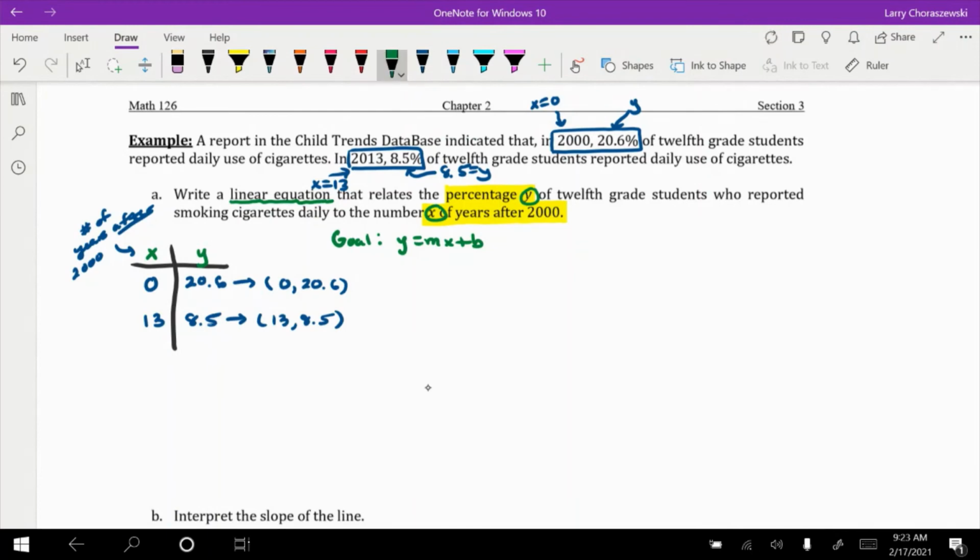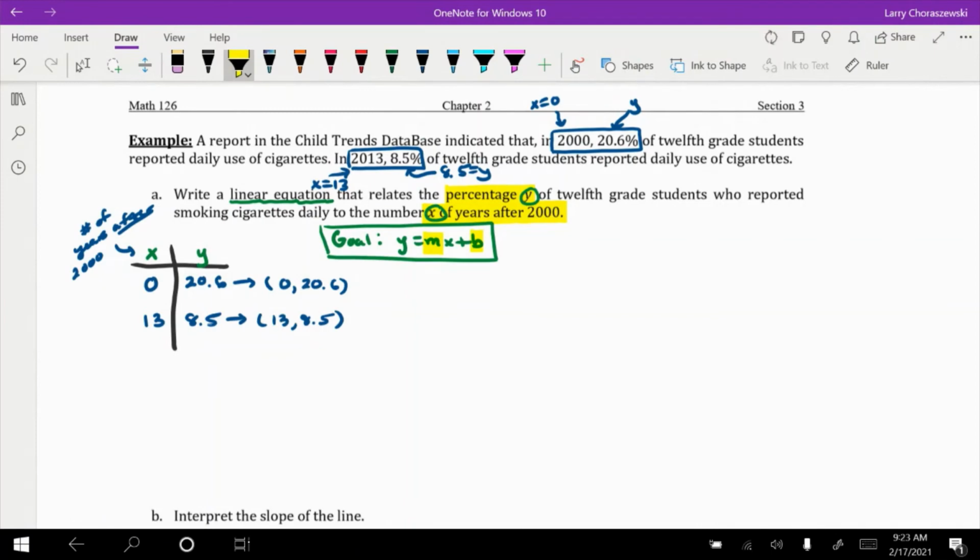Keep in mind our goal is to get the equation in the format y equals mx plus b, which means you want to find the slope m and also what the y-intercept is. And we have enough information here at this point for you guys to be able to calculate those two. Well, you'd calculate m, but b is actually hidden within our table. So I'm going to kick that off to you folks.